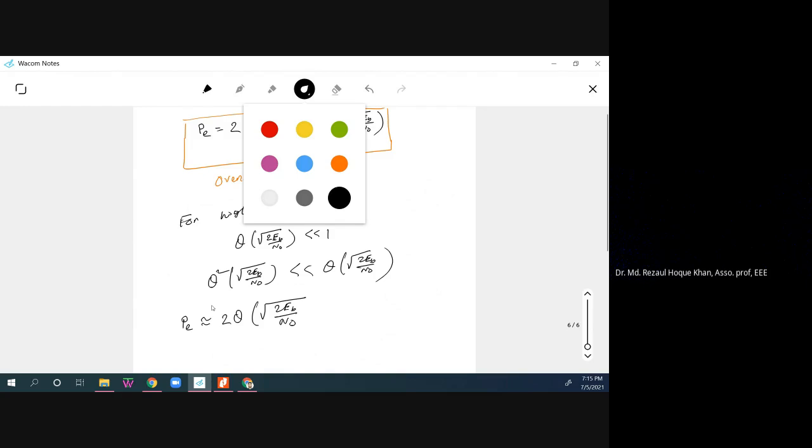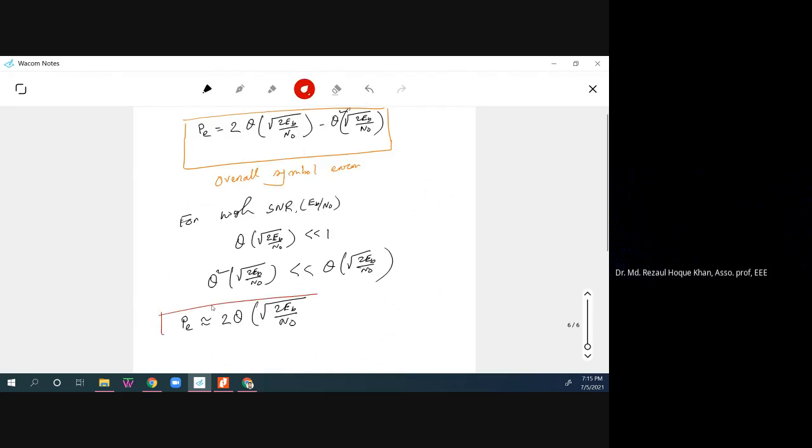So this is the overall symbol error for the QPSK signal.